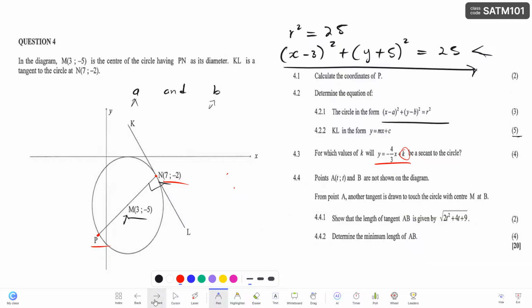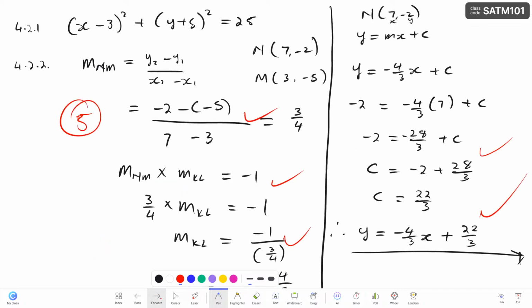So okay, how can we do this? So we're going to say 4.3. So okay, from 4.2.2 we got our c as what? As 22/3.